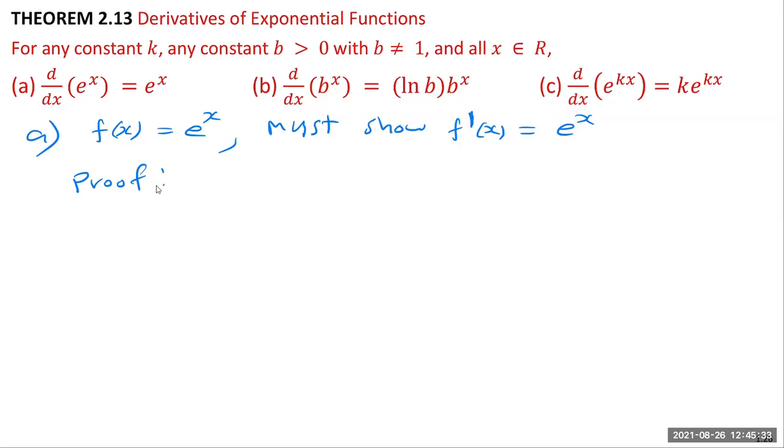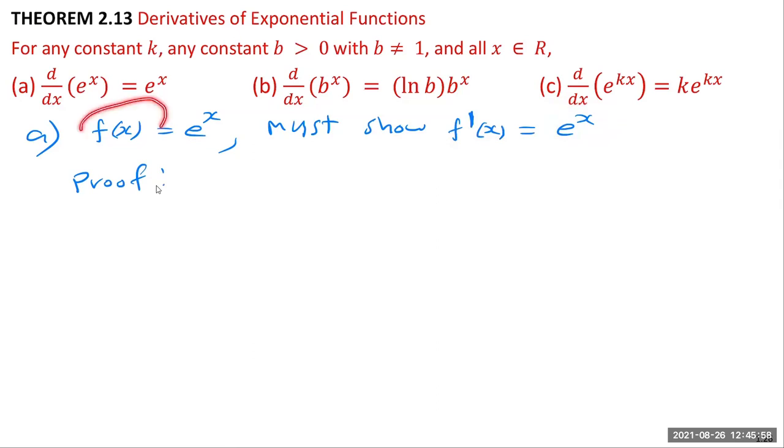Okay, so how do we prove the derivative of e to the power x is e to the power x itself? Well, I'm going to take f of x to be e to the power x. Then I want to show that f prime of x is again e to the power x. That's what I want to show. How do you show that?